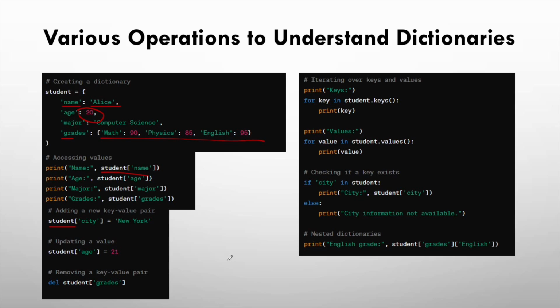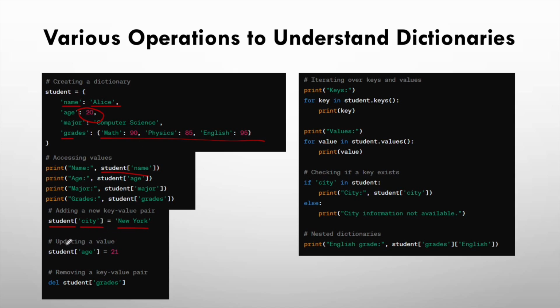Now to add a new element, we start by writing the name of the dictionary and the key name. So the key name within square brackets and single quotations, and equal to, in single quotations, we give the value. Now this will go into the dictionary as city, New York.